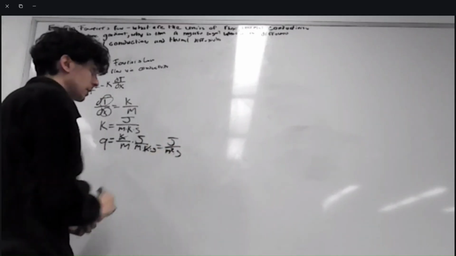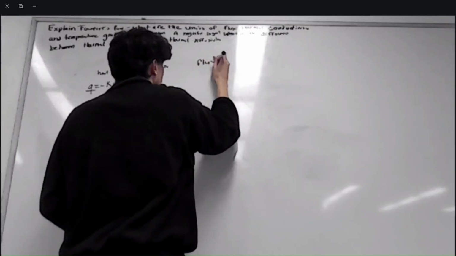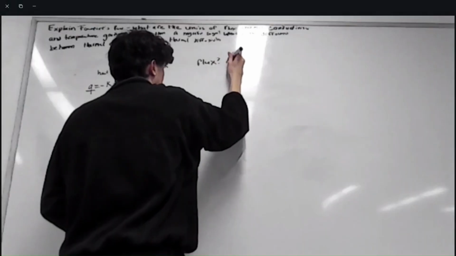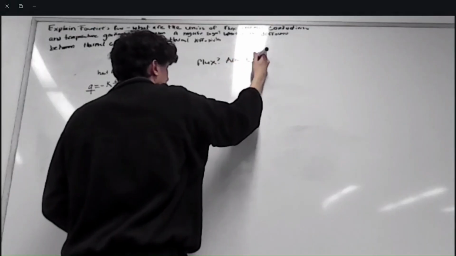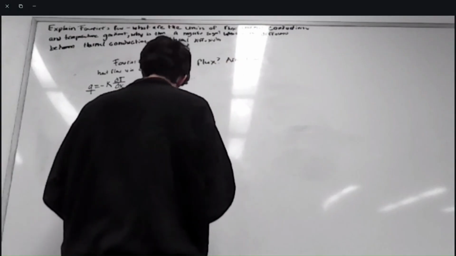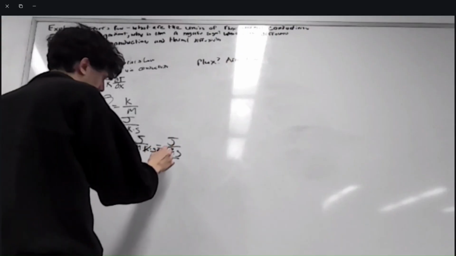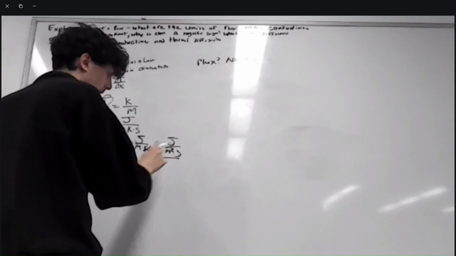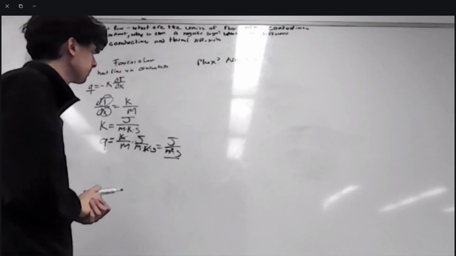Flux is per area, per time. So this is our heat flux, so it measures energy, and then we have our flux with the meter squared times seconds, which is represented by the area times the time.